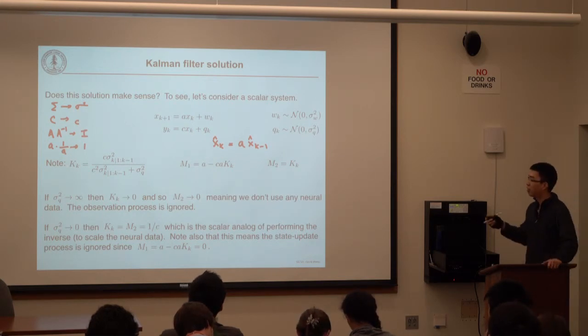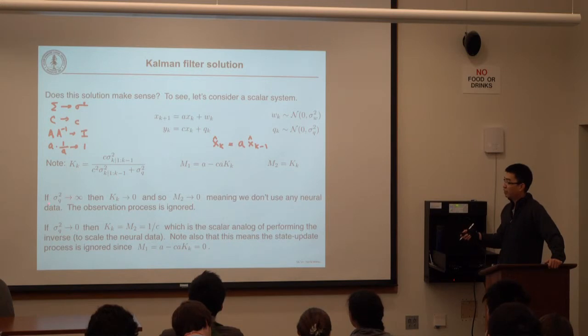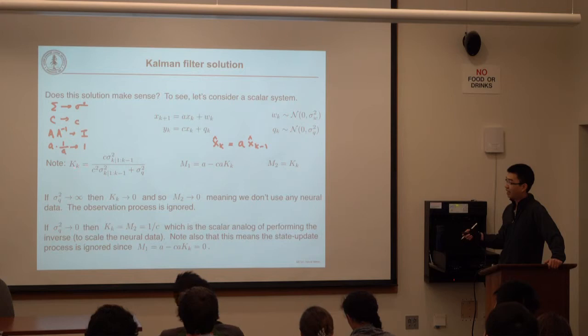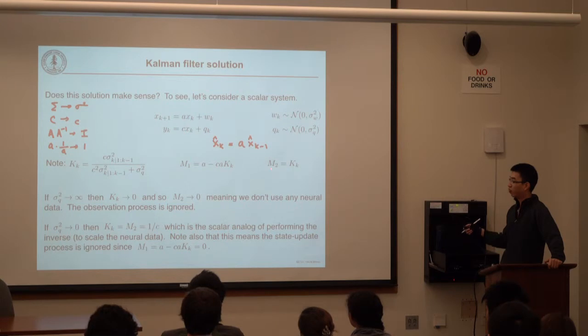All right, so if I turn up sigma q squared to infinity, I'll notice that kk here would go to 0. That's just because sigma q squared is in the denominator. This is infinite, so any number divided by infinity is equal to 0. Therefore, m2, since this kk has now gone to 0, will go to 0.